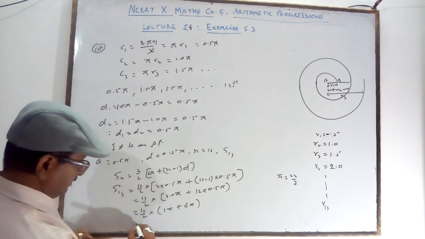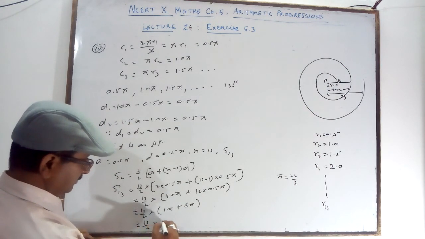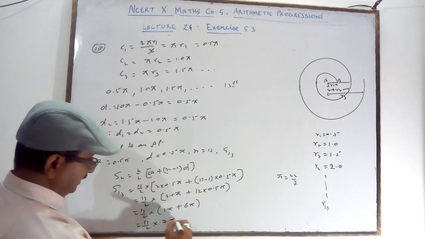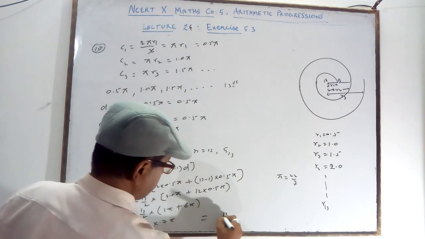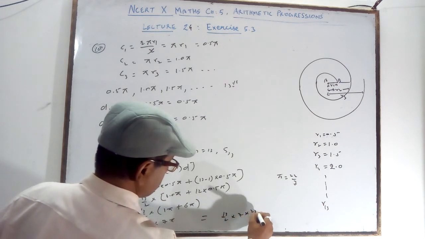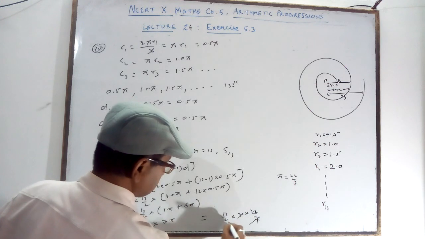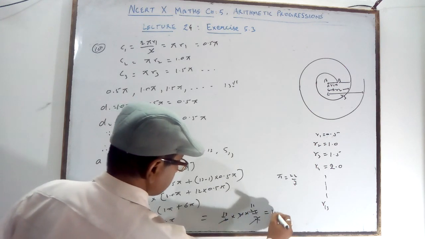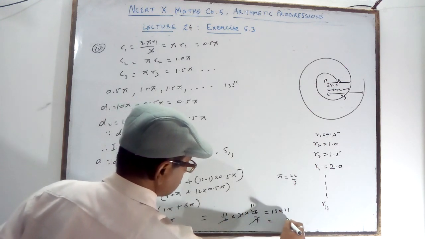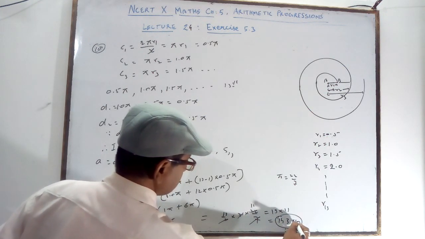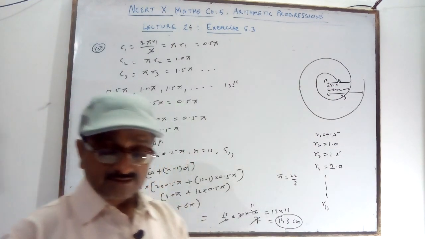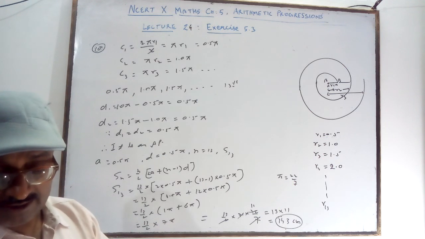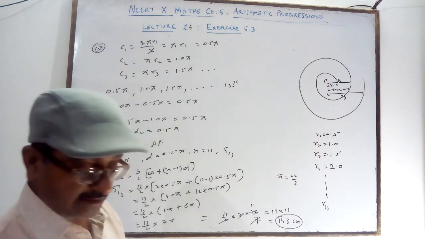And then you can get 13 by 2 into 7 pi. This you can write as 13 by 2 into 7 into 22 by 7. 7 and 7 cancel, it is 11. 13 into 11 is 143 centimeters, the total length of the spiral made by 13 successive semicircles.